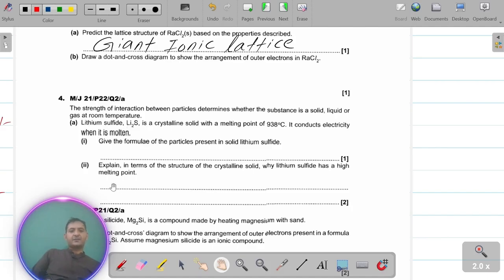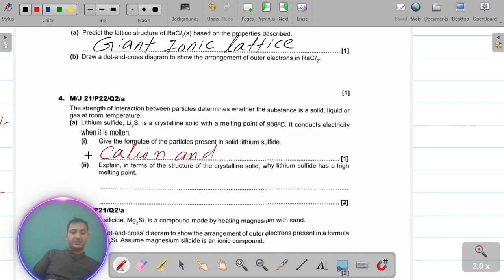Give the formula of the particles present in lithium sulfide. We already know it is an ionic compound and there are two types of particles: one is the cation and the other is the anion. He's asking to give the names of the particles.